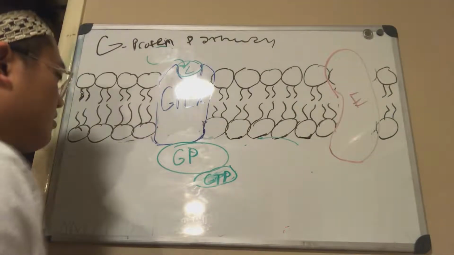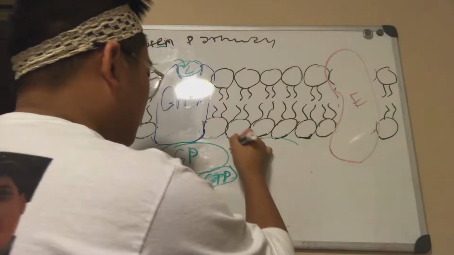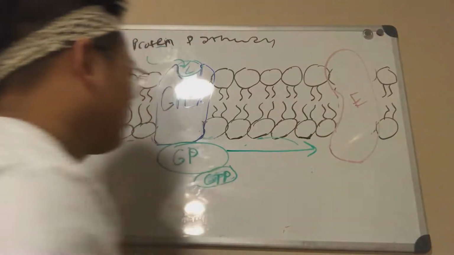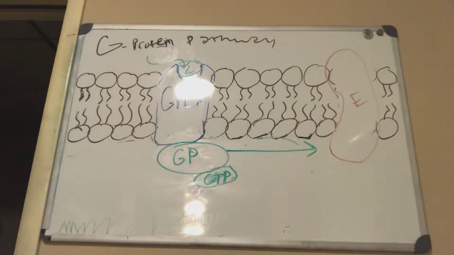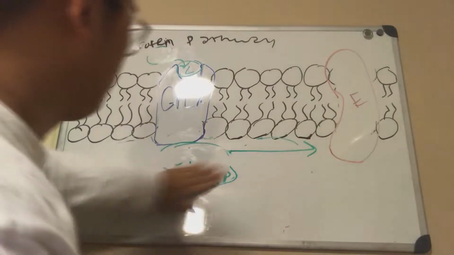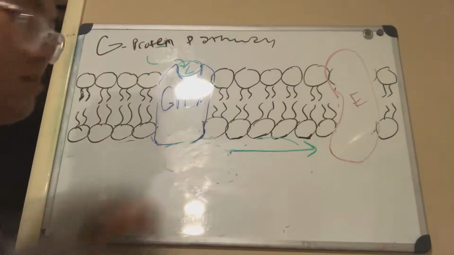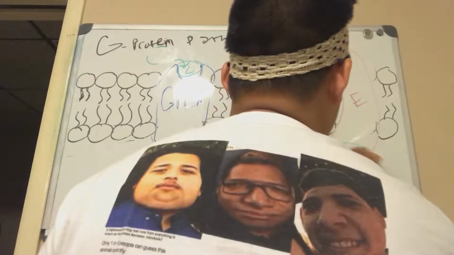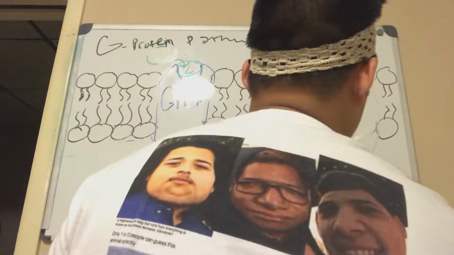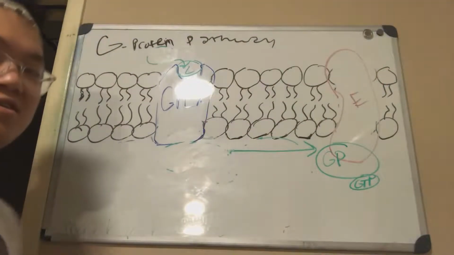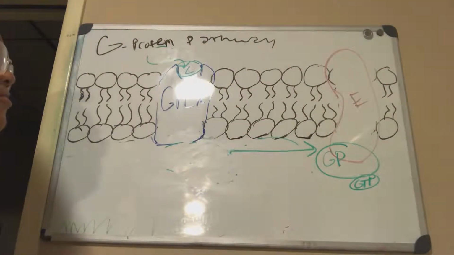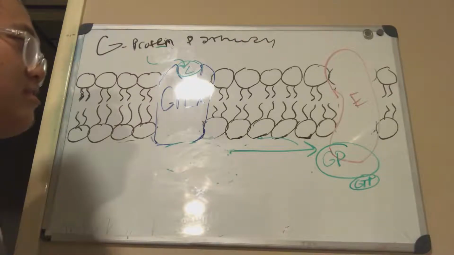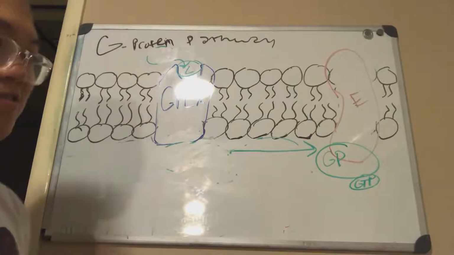So after that, the G protein diffuses across the cell membrane and acts as a relay messenger of sorts, because it carries the next message for the transduction processes, and it attaches to the enzyme, which changes the shape of the enzyme, so the structure defines the function.